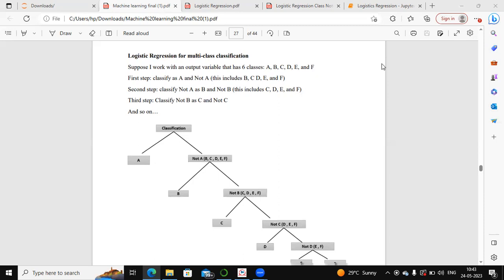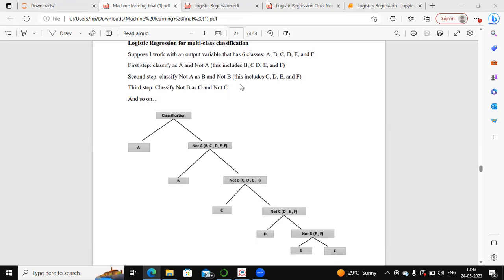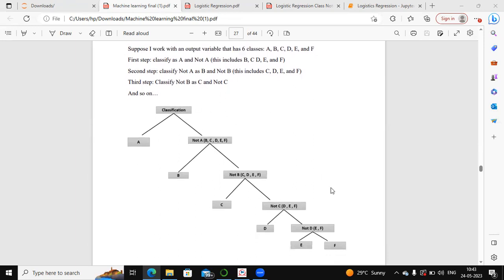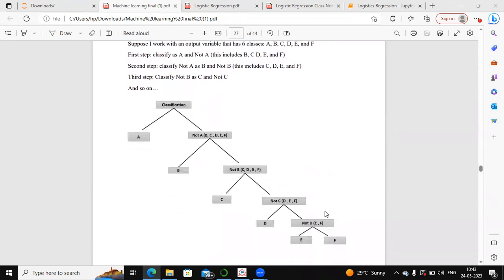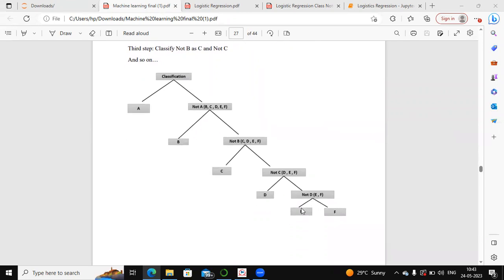In the end, we will reach a step where we have E and F only. So this is the tree structure for multi-class classification: A and not A, B and not B, C and not C, D and not D, E and F.